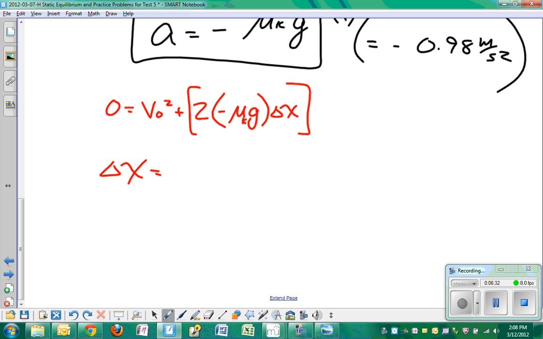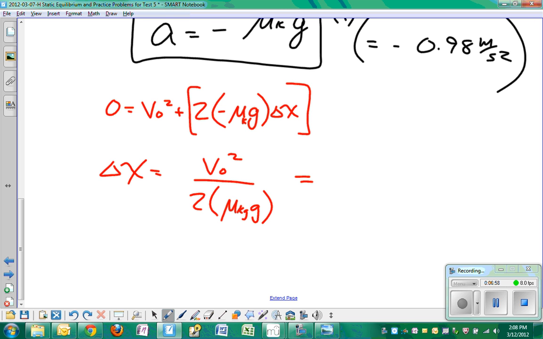So delta x is going to be equal, put that on that side, then so it's going to be v naught squared over 2 times mu k g, not negative because we added that to each side. Right? Plus, it wouldn't make sense to have a negative distance. Okay? V naught squared over 2g, that kind of sounds like a max height problem, doesn't it? Isn't it weird how things start to take the same shape?